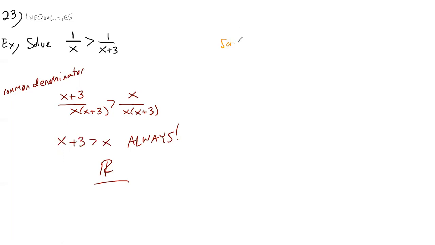But then let's try a number. Let's say, well, first of all, let's try x equals -1. So on the left side, what we're going to get is 1 over -1, which is -1. And on the right side, we're going to get 1 over -1 plus 3, which is a half. And basically what we're saying right now is -1 greater than a half?